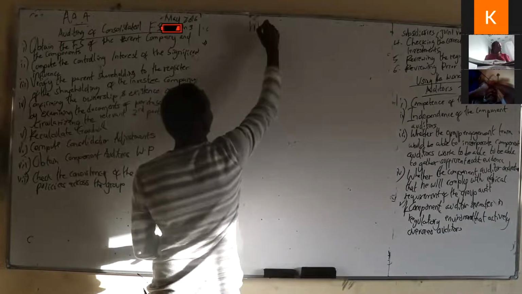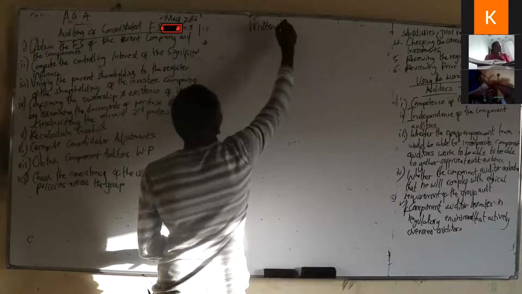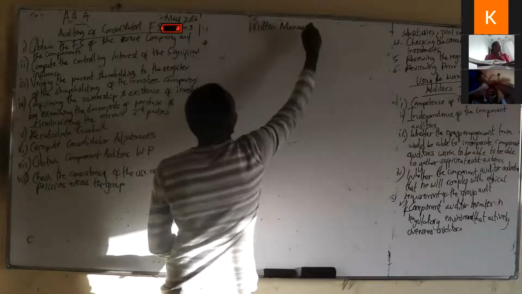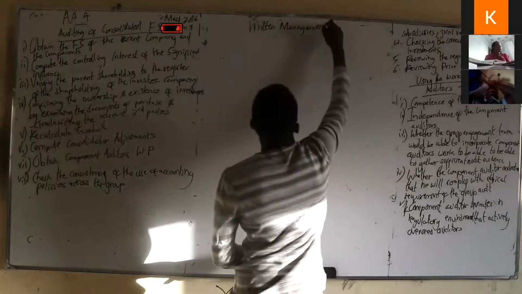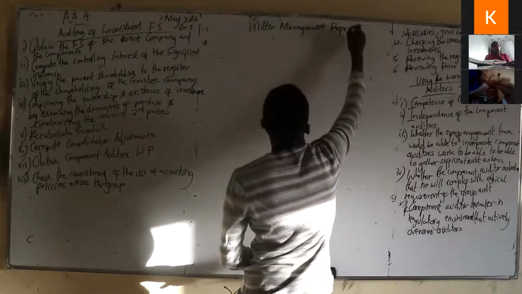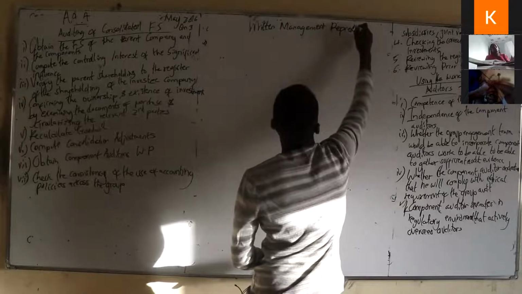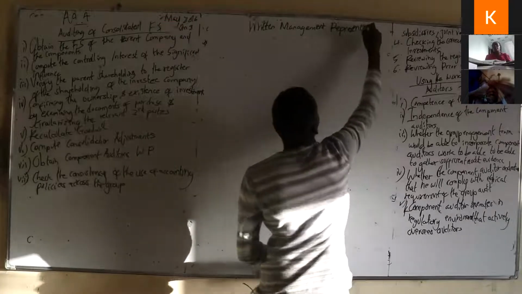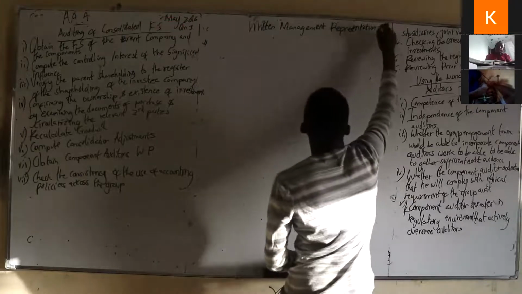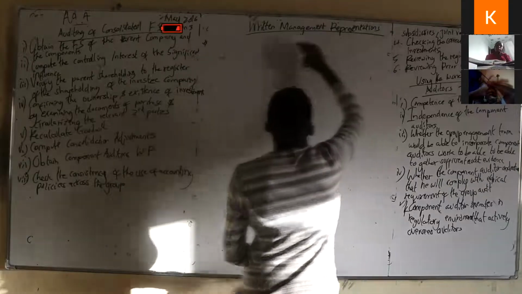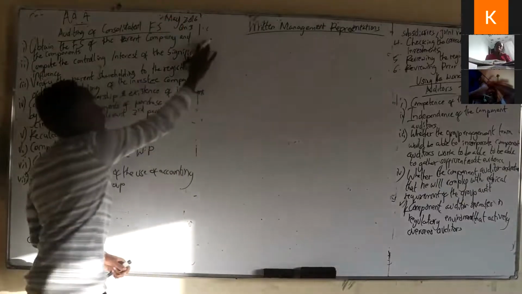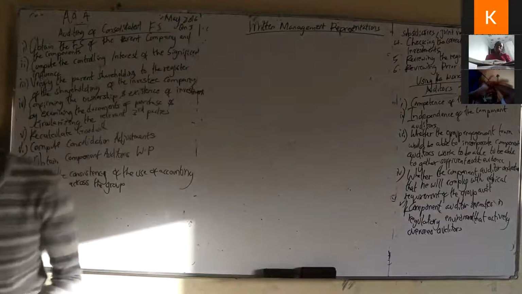These written management representations exist to help the auditor authenticate the audit evidence. We will come back to look at the audit of cooperatives, banks, and insurance companies.